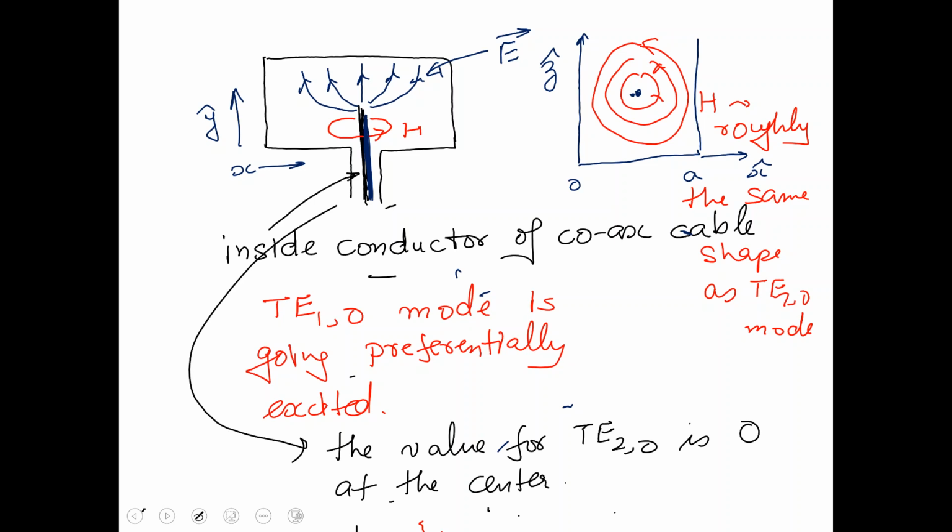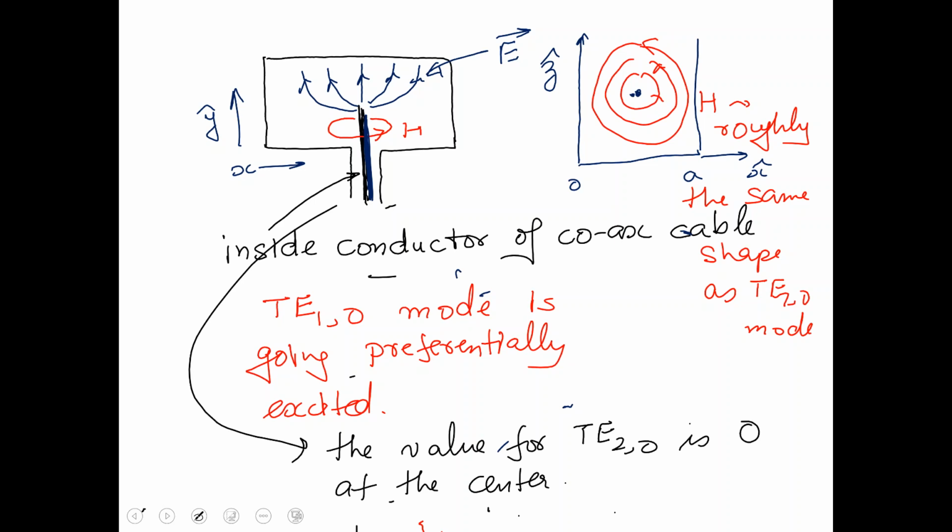Mathematically, it should be zero power, but there are always perturbations and non-idealities in real life. But the power going into the TE20 mode is going to be very, very low, because the place where I'm exciting the electric field doesn't work out for that mode.